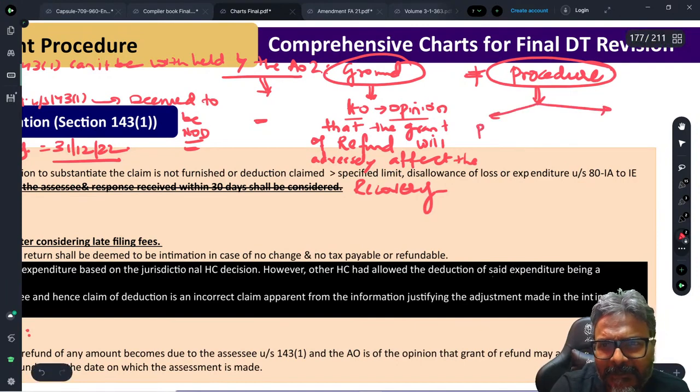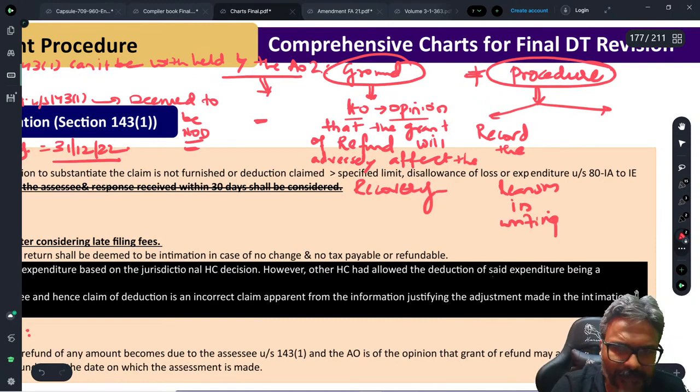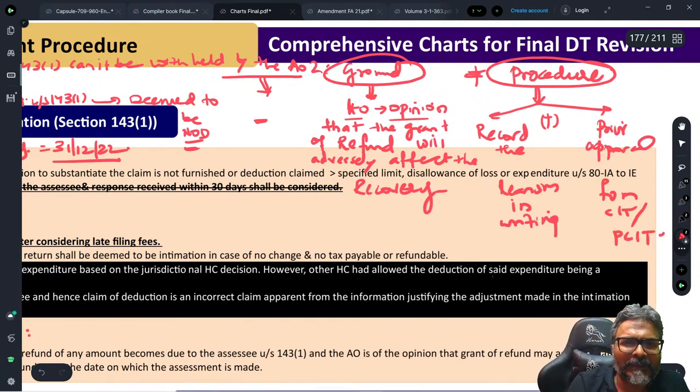Number 1, record the reasons in writing. And the second procedure is to take the prior approval of the CIT or the PCIT, as the case may be. So this is the procedure that needs to be followed.